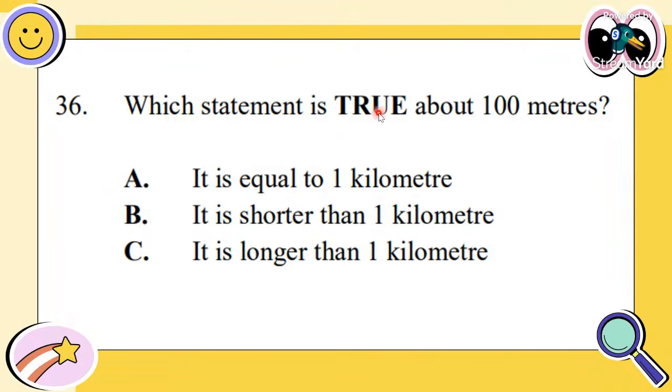Which statement is true about 100 meters? Is it that it is equal to 1 kilometer? Is it that it is shorter than 1 kilometer? Is it that it is longer than 1 kilometer? What is true about 100 meters? Which statement?